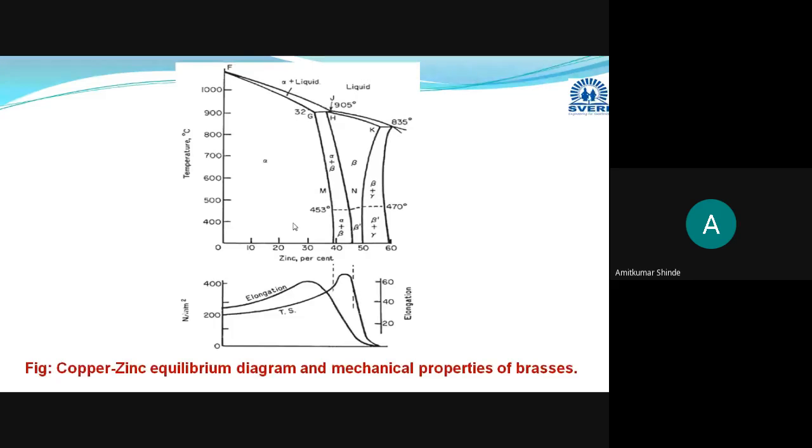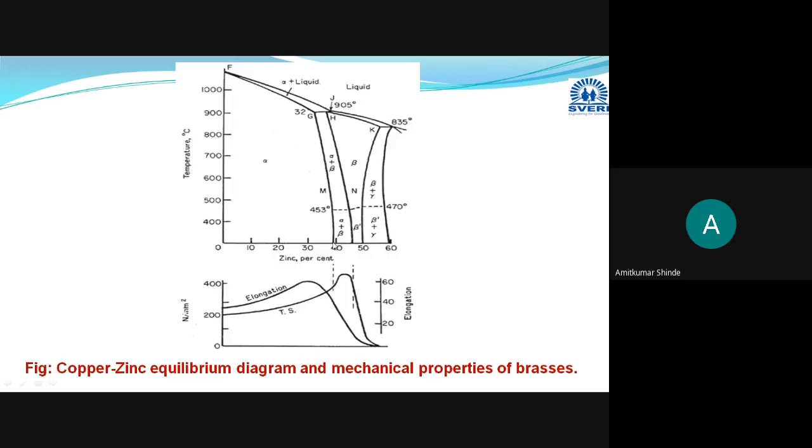Now, on the basis of their microstructure, depending on their structure only, these brasses can be classified as alpha brasses and alpha beta brasses. Whenever percentage of the zinc is less than 38%, it will be termed as alpha brasses.